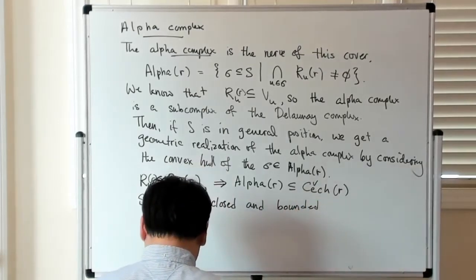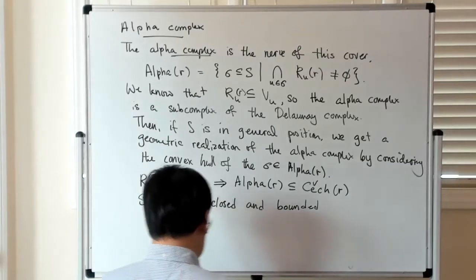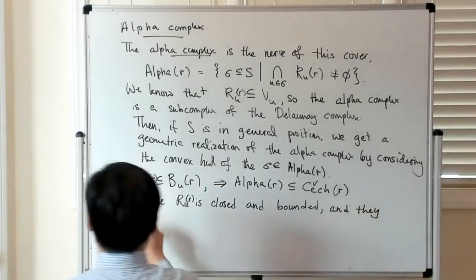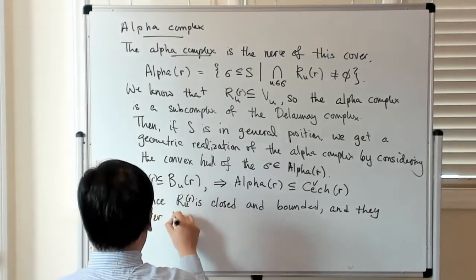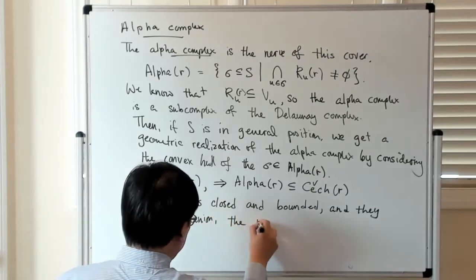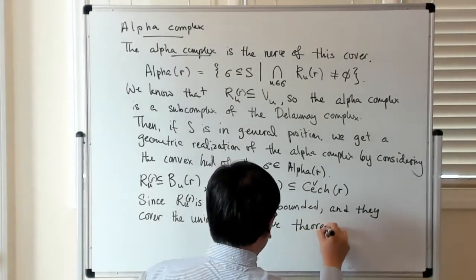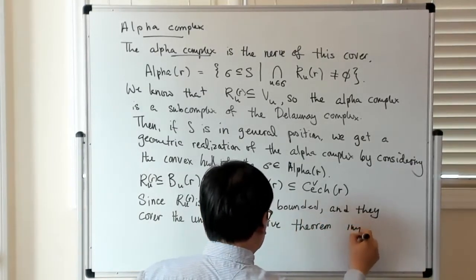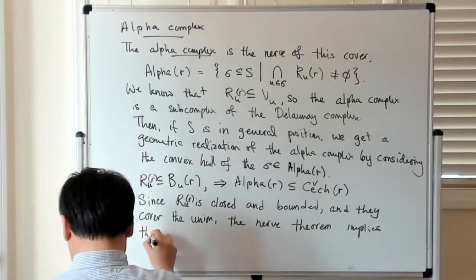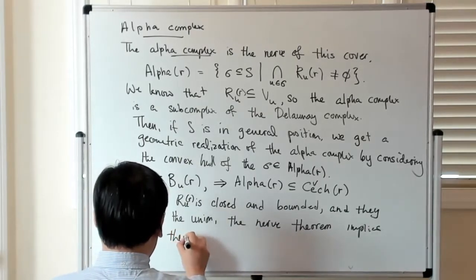We have the nerve theorem, and they cover the union. The nerve theorem says that this implies they have the same homotopy type.